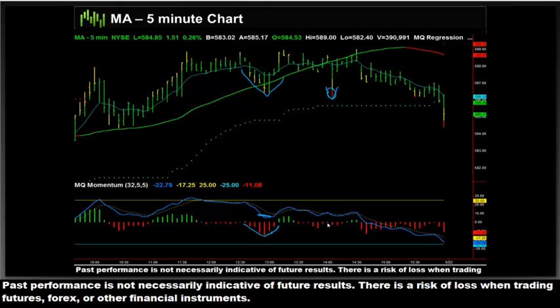We check the indicator, and this is what we see. We see the histogram only reaching down this far. Okay, the indicator line's about the same, but really compare the histogram on low 1 to the histogram on this low 2 right here. There's one big spike. Right here is a very good opportunity to go long.